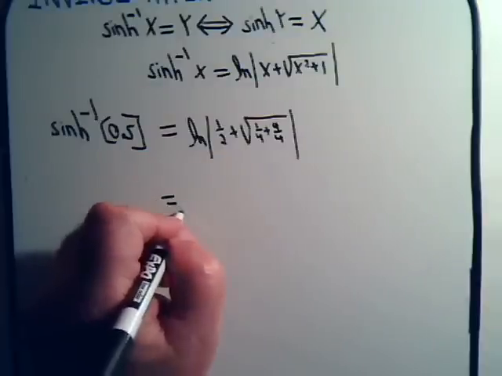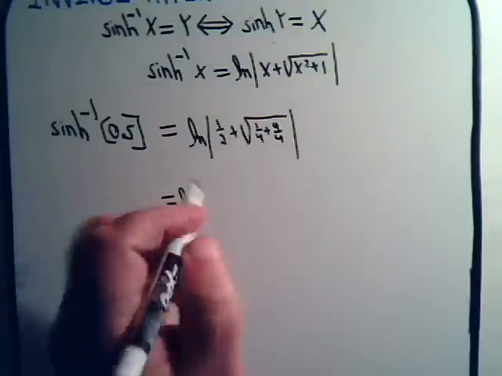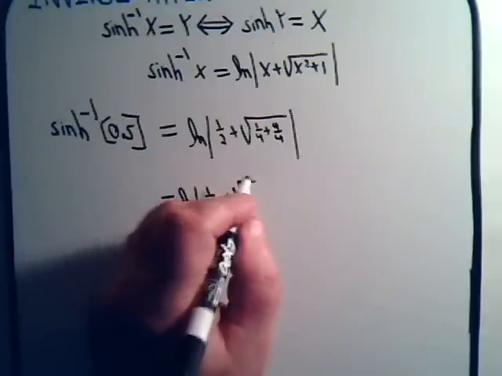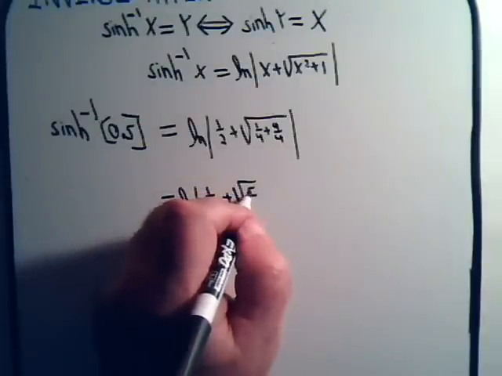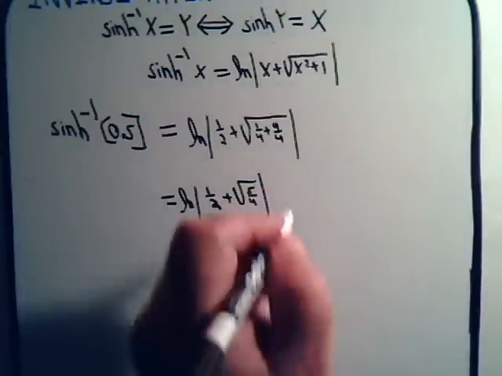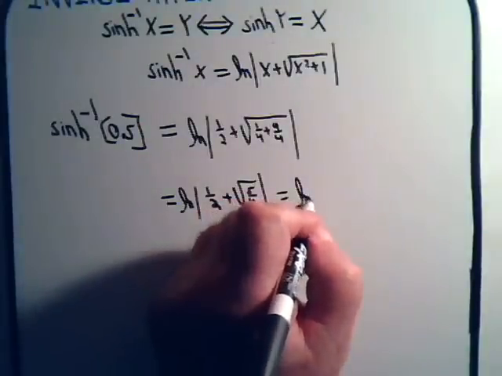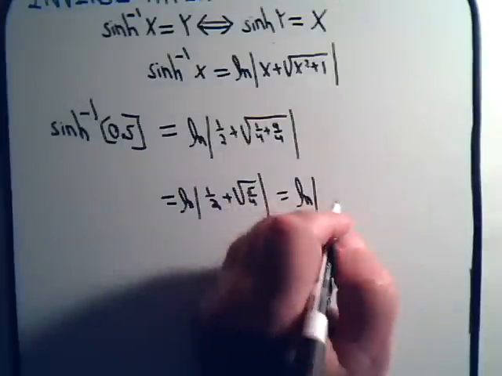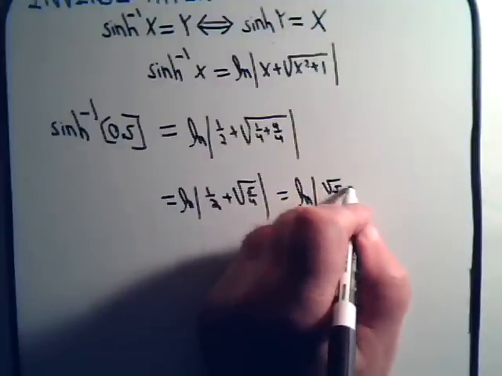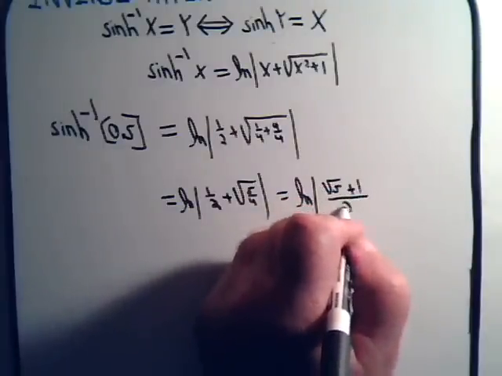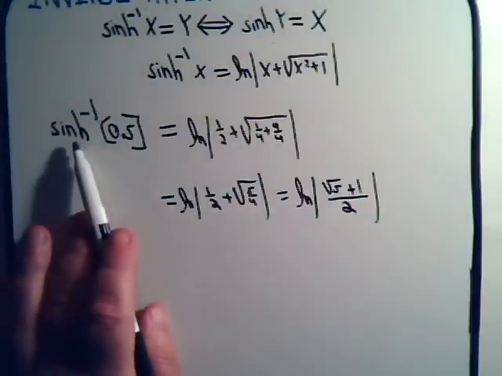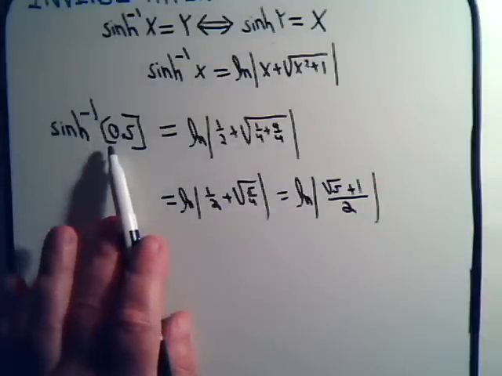So this would be equal to the natural log of 1/2 plus the square root of 5/4. So we could probably rewrite this as the natural log of the square root of 5 over 2, plus 1 divided by 2. And that would be equal then to the inverse hyperbolic sine of 1/2.